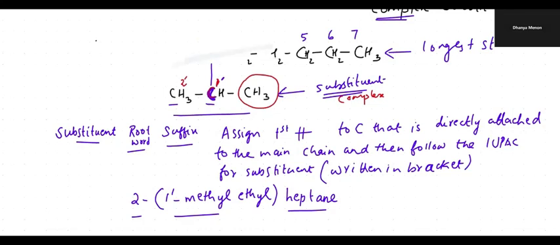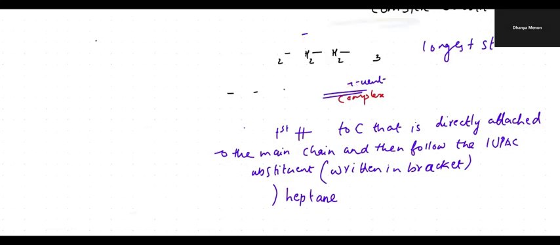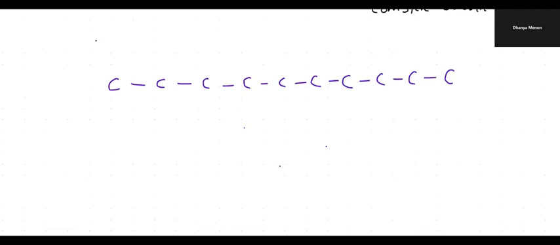Moving on further. If I give this kind of a substance, okay, so CH3, CH2, CH2, CH2, 2 valencies are satisfied, 2 more needed. Here I have a substituent.